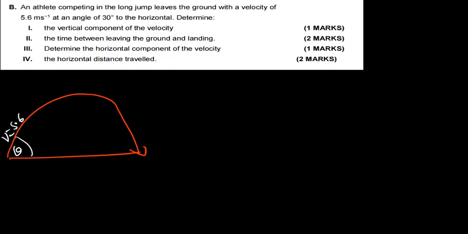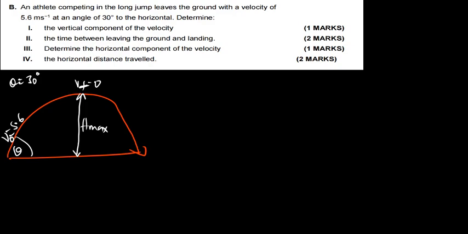Allow me to put the theta here. Theta is 30 degrees. The moment an object reaches the maximum height, one thing should come to your mind: at that point the final velocity is 0. That is the initial velocity. That is the h max. So once we reach the maximum height, the final velocity is 0 at that point.